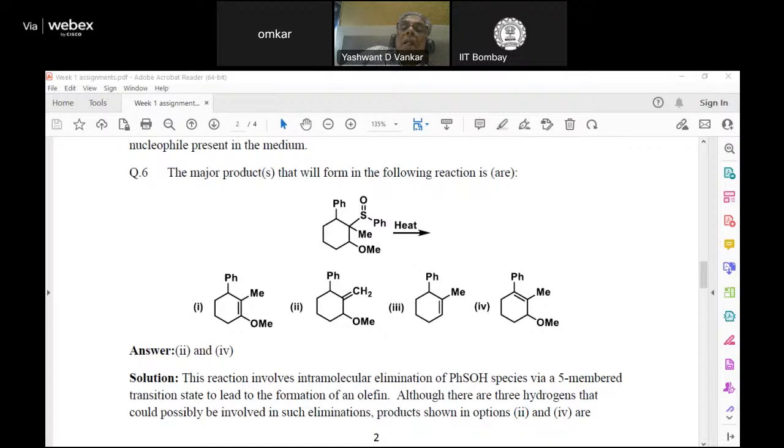So the sulfoxide oxygen will come very close to the lone pair of electrons on the methoxy, and there will be electronic repulsion. Therefore, approach of the sulfoxide oxygen toward this particular hydrogen will not be easily possible, and that is the reason why we get product number 2 and product number 4.